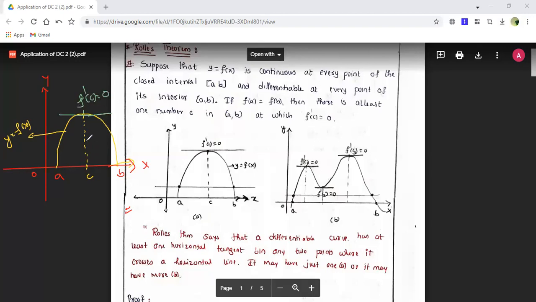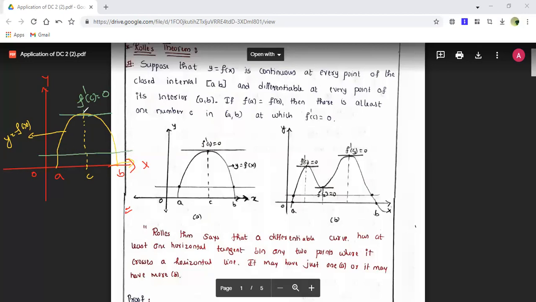So you can clearly see this tangent is horizontal, parallel to the lines which cross the function y equal to f of x horizontally.